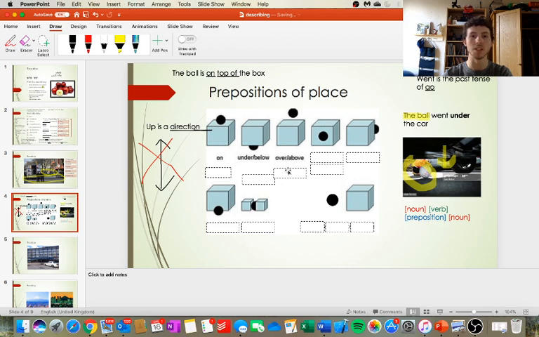The ball is above the box. Good. This one should be in or inside.